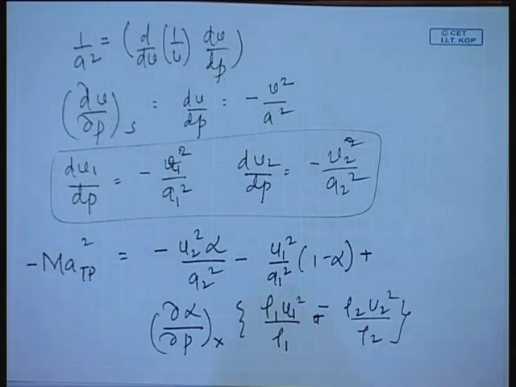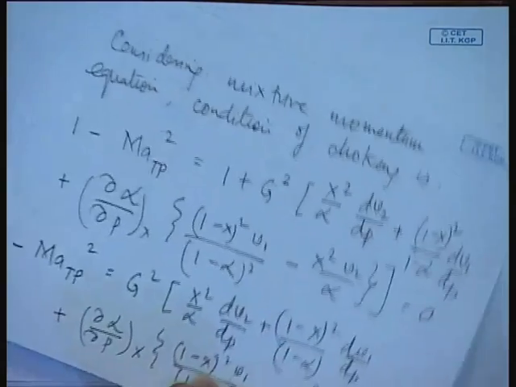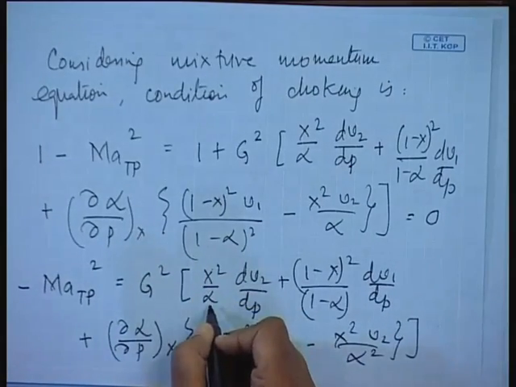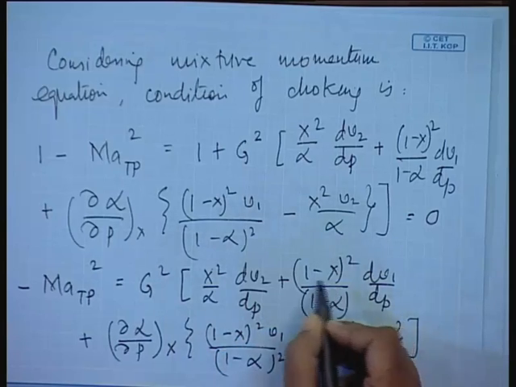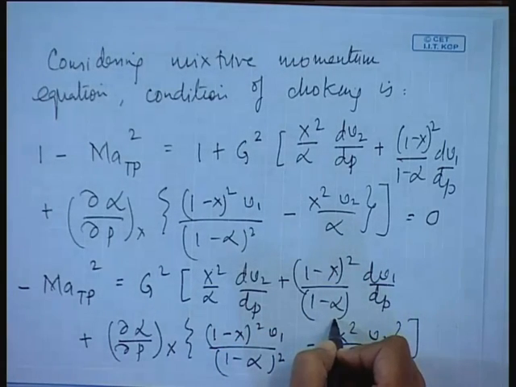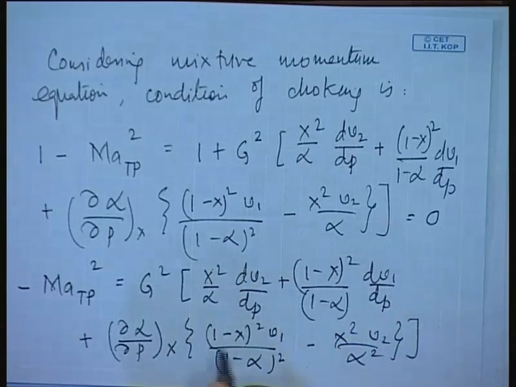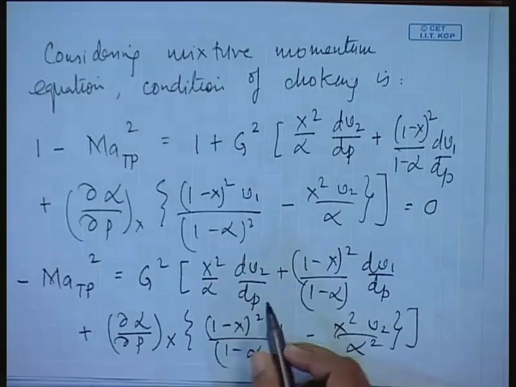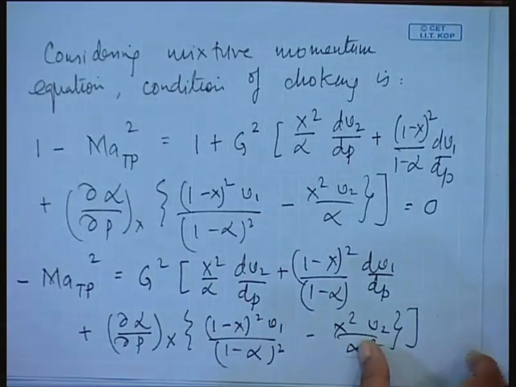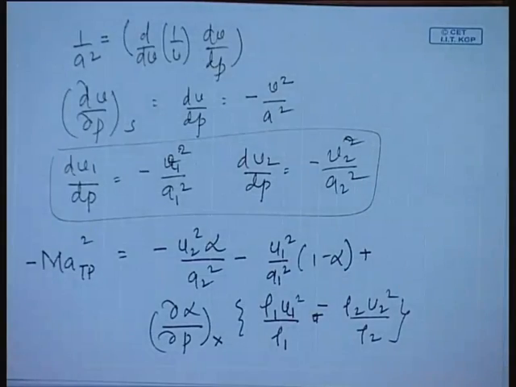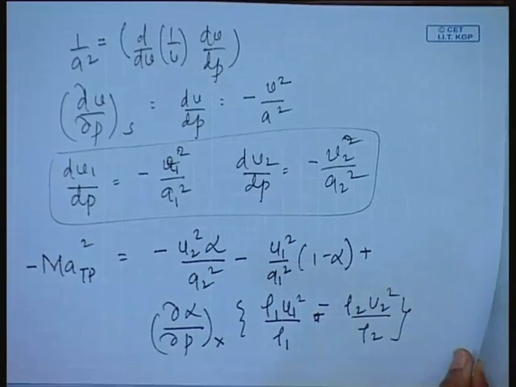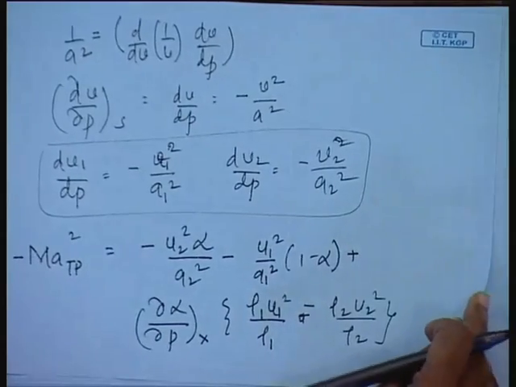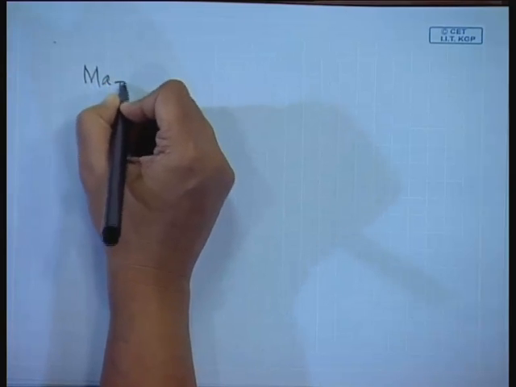If you make all the substitutions, substitute your x square by alpha, substitute dv2 dp, substitute 1 minus x whole square by 1 minus alpha, substitute dv1 dp, then substitute these terms, which I have already told you, and finally you arrive at the derivation which I have obtained in this particular case. This gives you the expression of Mach number for the two fluid as obtained from the two fluid model.